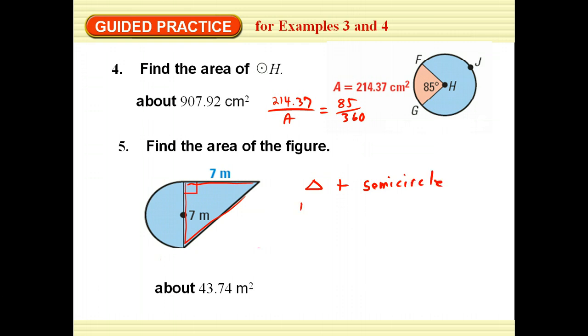The triangle is 1/2 the base times the height, 1/2 of 7 times 7, plus the area of the semicircle is half of the area of the circle, and the area of the circle is pi times r squared, which would be 3.5 squared. So you can do that to figure out the entire area.